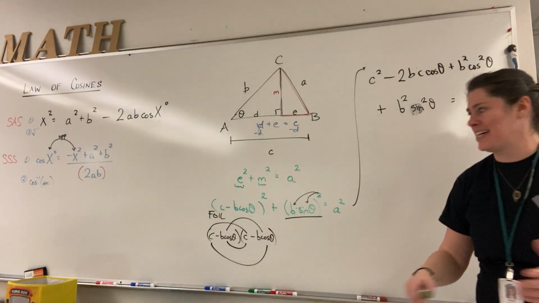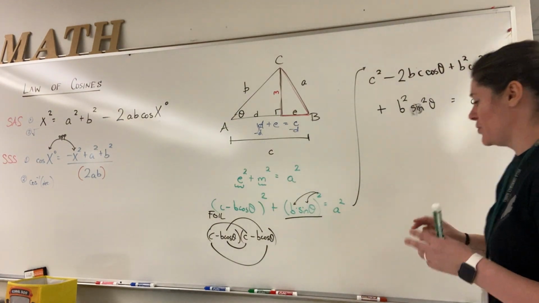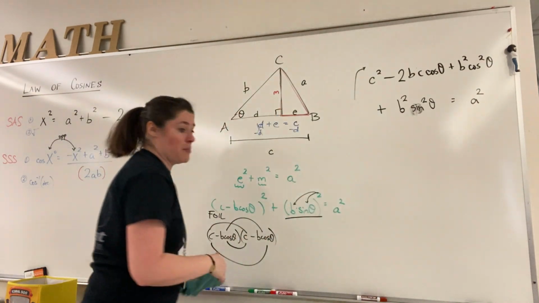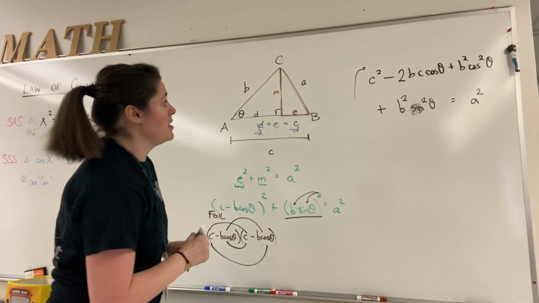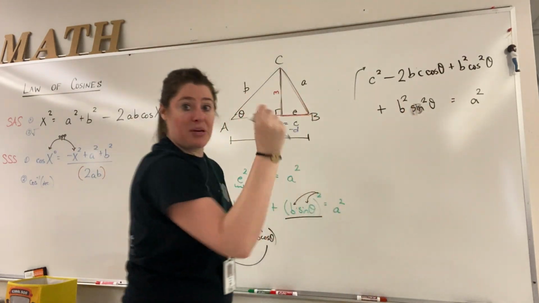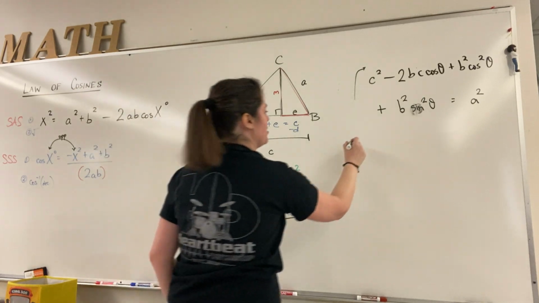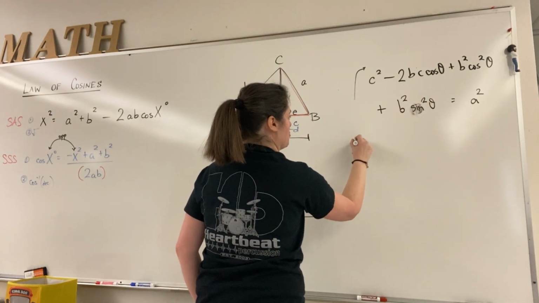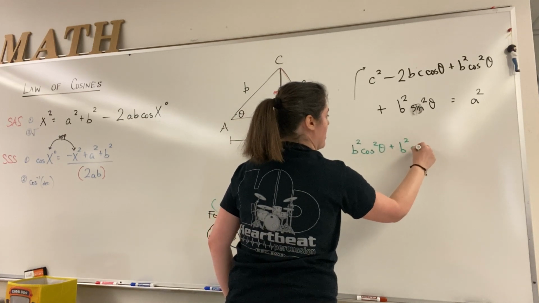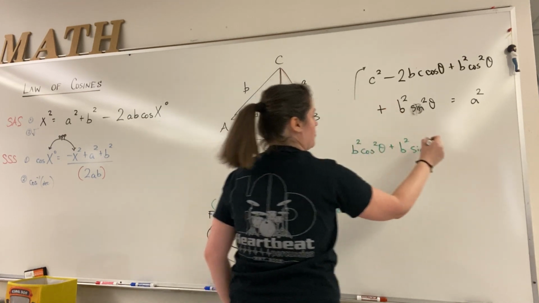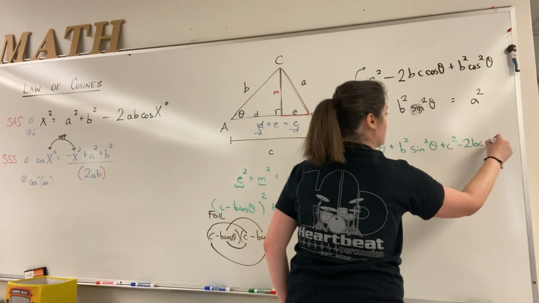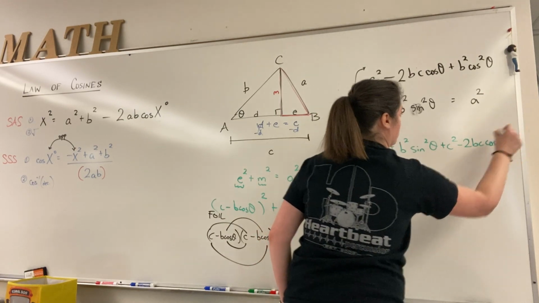Okay, what's next after that? Well, we need to start looking at maybe doing some rearranging or maybe even some factoring, because there are some terms here that have common factors. So I'm going to put those two together: B squared cosine squared theta plus B squared sine squared theta. Then don't forget the rest of this, plus C squared minus 2BC cosine theta, and that's all equal to a squared.